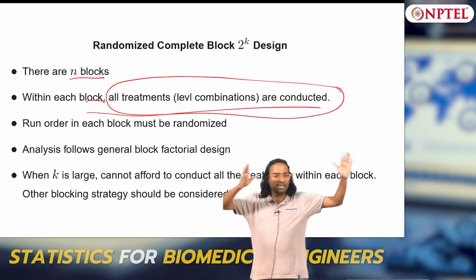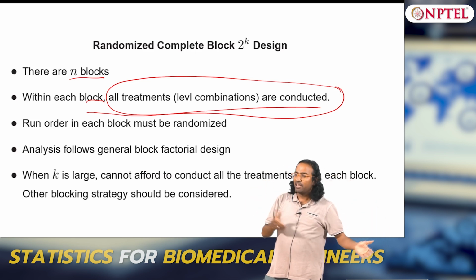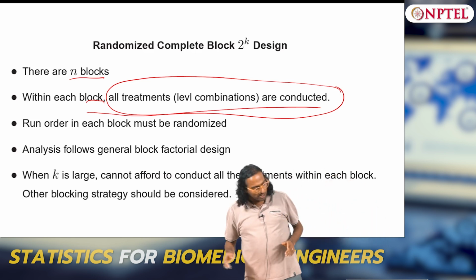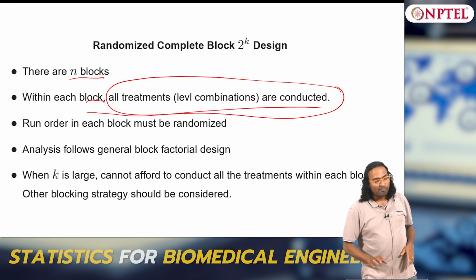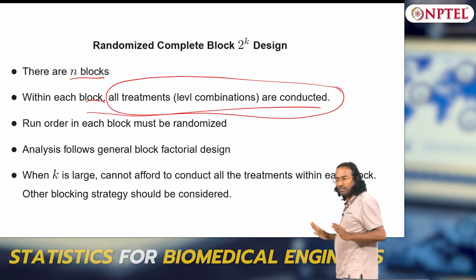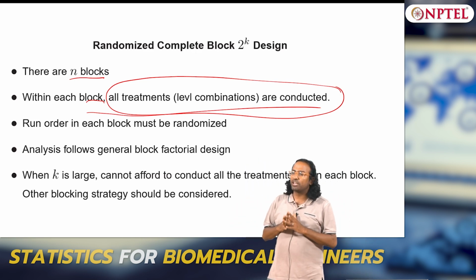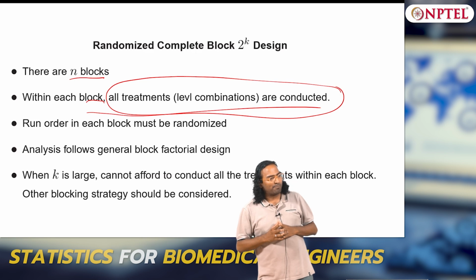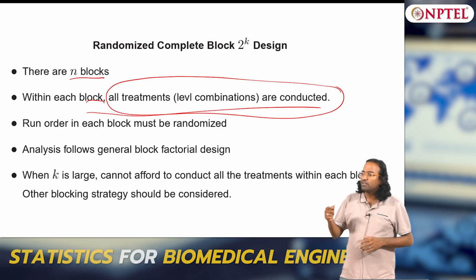It is exactly like your RCBD. That is why I said the analysis follows the general block factorial design, if you have done the experiments properly. But most often you will not be able to do the experiments properly, meaning for whatever reasons you will not be able to replicate exactly for each block.